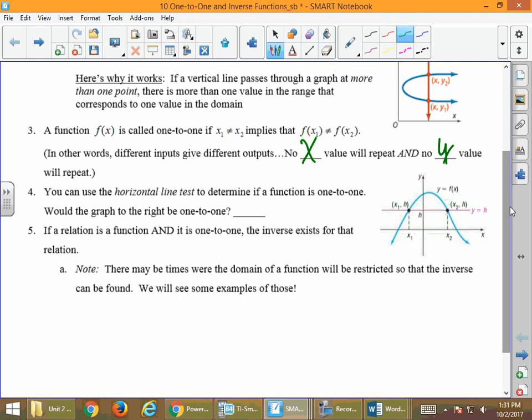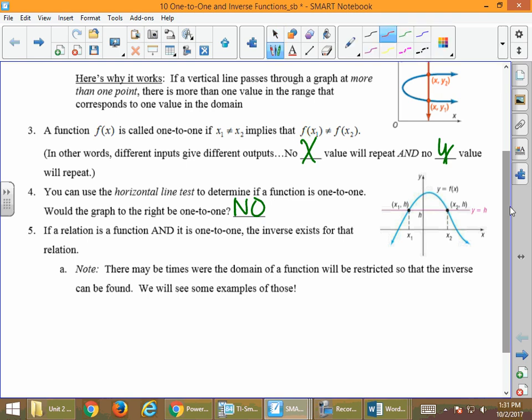So in this particular case, this is not one-to-one, because we have x sub 1, h on our graph, and we have x sub 2, h on our graph, but this time the h's, which are in the y position of the ordered pair, they repeat, and we cannot have any repeats, either x's or y's, when we get a one-to-one function.